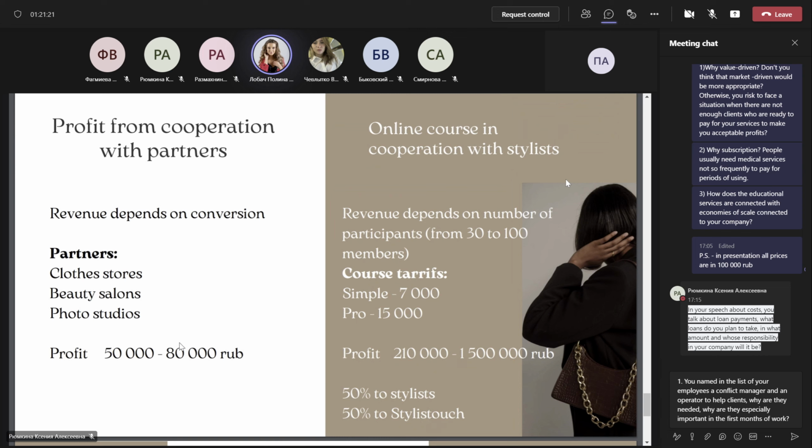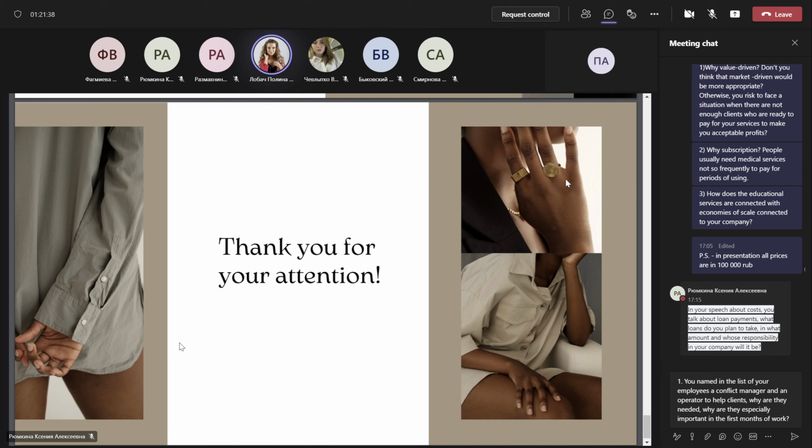Our course will have 2 options of membership: simple, with all information, homework, and a group chat, and pro version, with some additional topics and personal support from stylists.